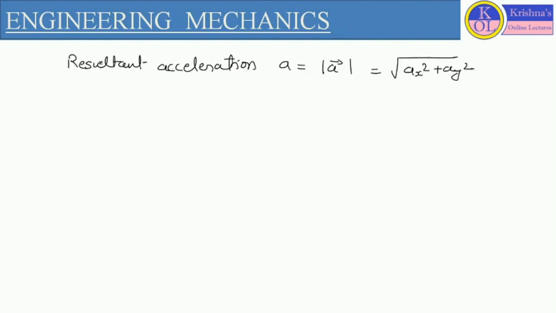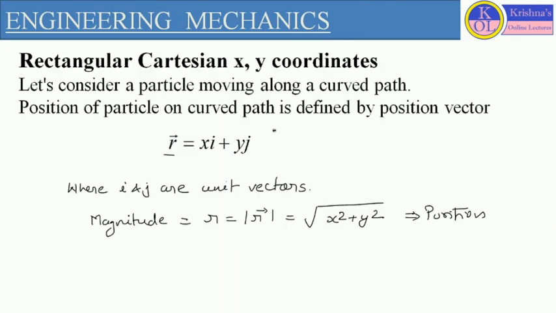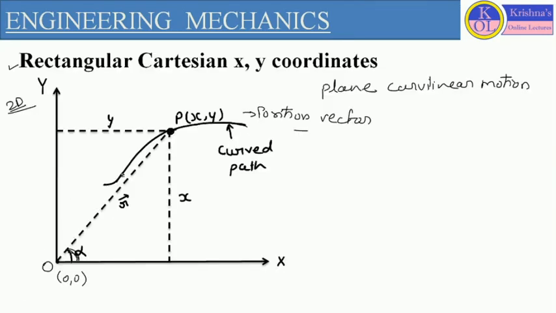Now if we want to define the resultant acceleration, it will be the square root of ax square plus ay square. This is the third equation. This particular term represents the actual acceleration of the particle along the curved path. Now similar to velocity, this line represents the resultant magnitude of position, and from the origin we define the resultant velocity, whose direction is tangential to the curved path.